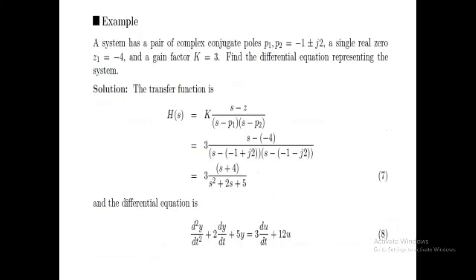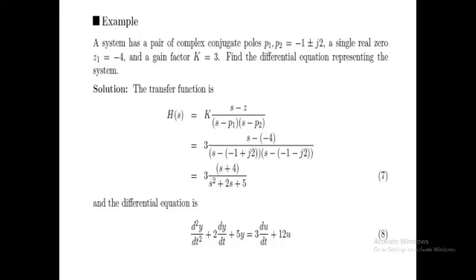Let us consider one more example: a system has a pair of complex conjugate poles, p1, p2 equals minus 1 plus minus j2, a single zero, that is z1 equals minus 4, and a gain factor of k equals 3. Now find the differential equation representing the system. The transfer function is given by H(s) equals k.